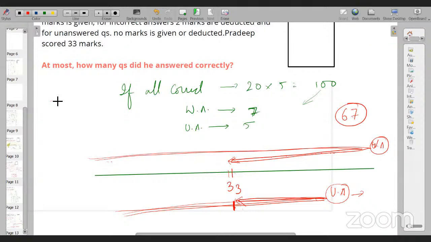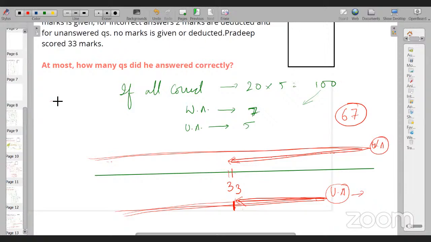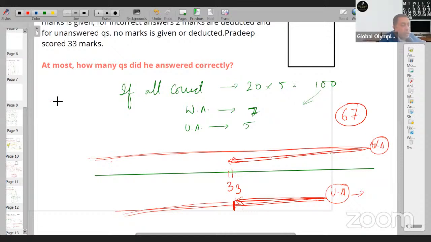Sir, this is my first class and I wanted to ask on which topic you are explaining this question? We are just explaining a problem. There is no topic. Maths is not about topics.